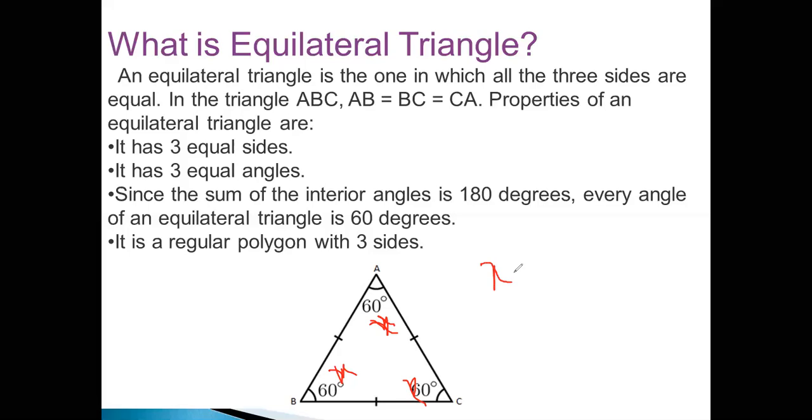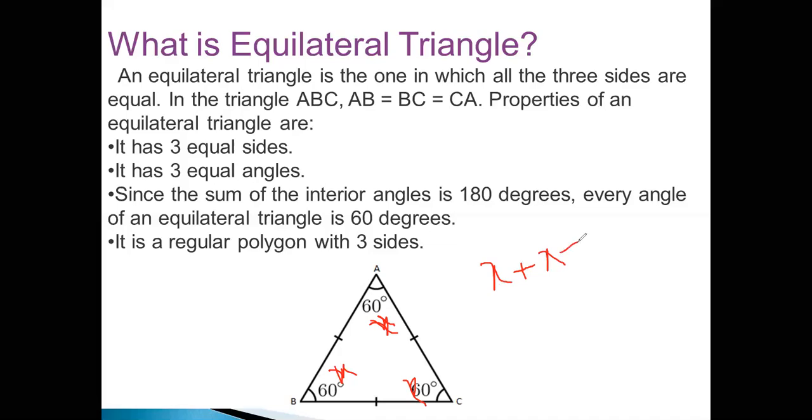By the properties of the triangle, by the angle sum property, the sum of all the angles of the triangle is 180 degrees. Here all the angles are the same: x, x, and x.